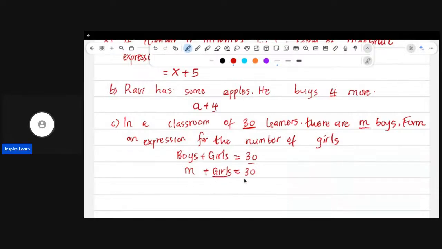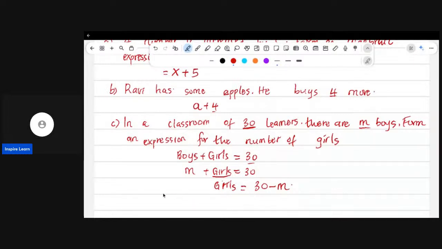We are going to take m, the number of boys, to the other side. So the number of girls in that class is going to be 30 minus m. So the expression showing the number of girls is 30, the total number of learners, minus the number of boys in that class.